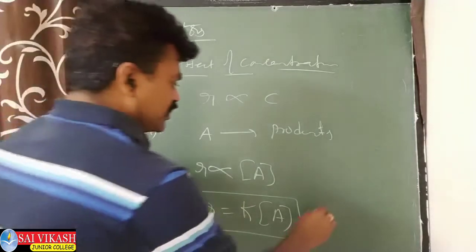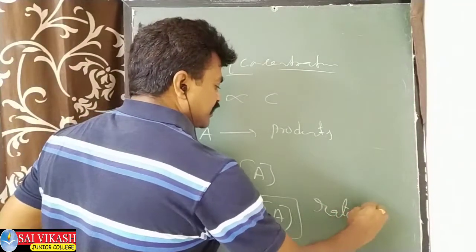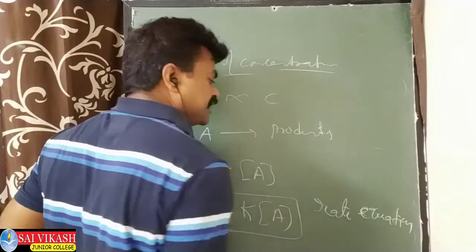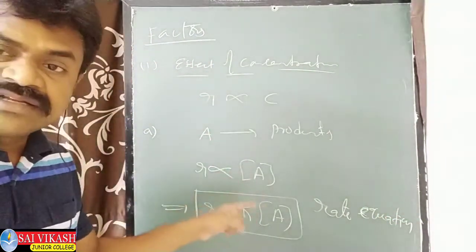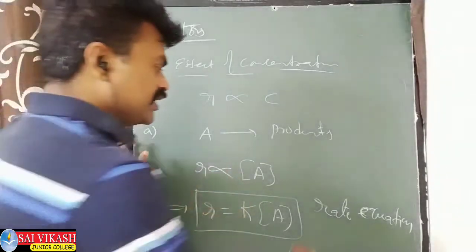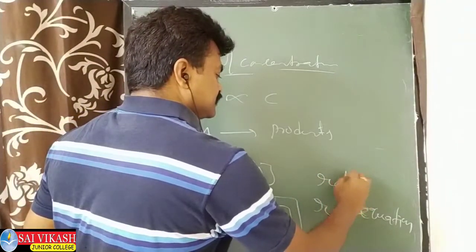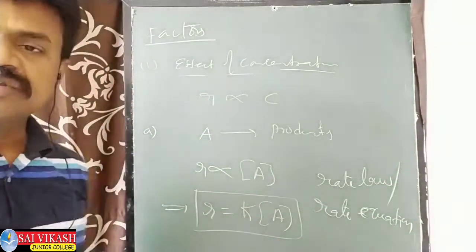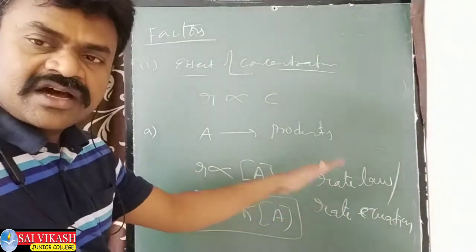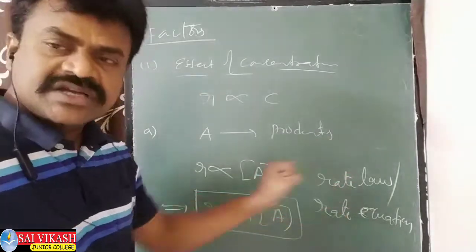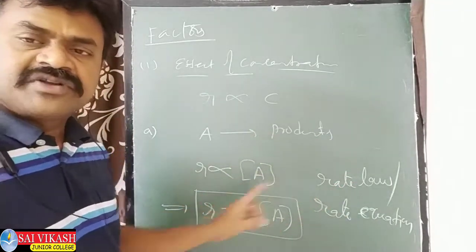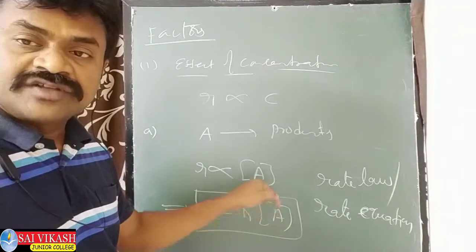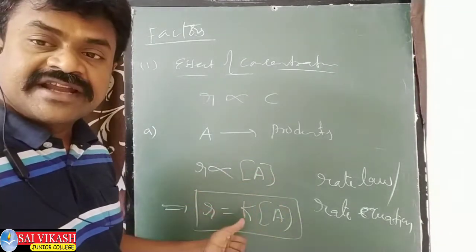This is called the rate equation. The way of writing this is called rate law, or rate equation. The rate law or rate equation gives us the relation between the rate of a reaction and the molar concentration of the reactants along with the rate constant.